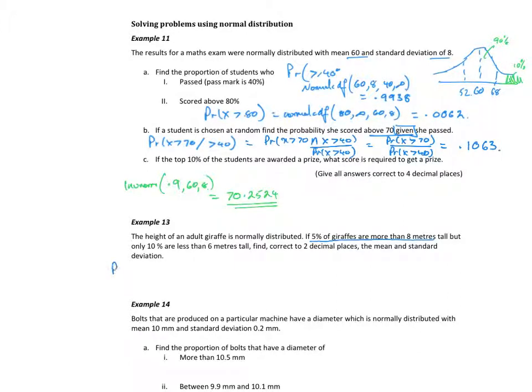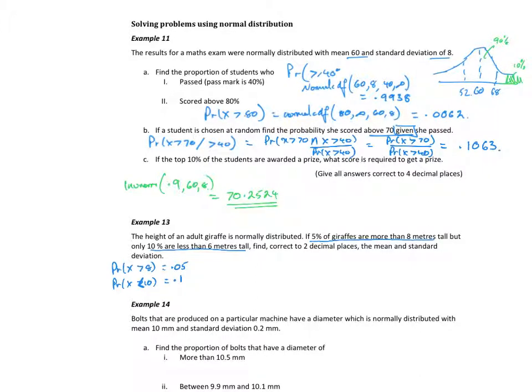It means the probability that X is greater than 8 is equal to 5%, and the probability that X is less than 6 is 0.1. So there's our 2 bits of information there.